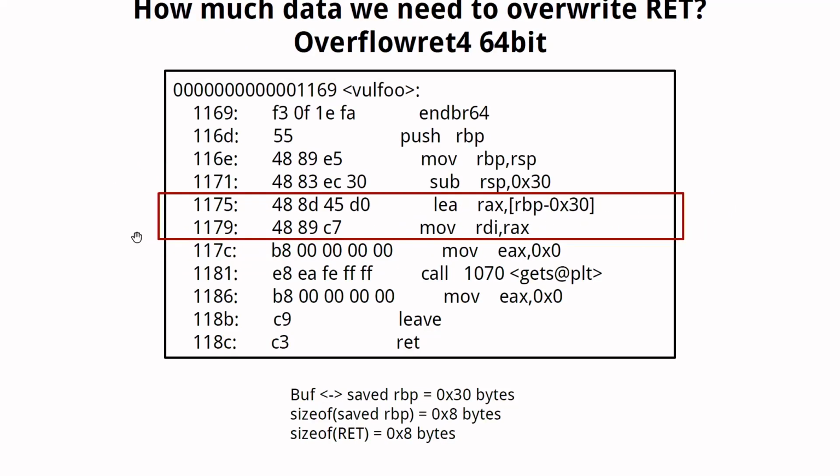If we disassemble that, we will find out that the buffer is at RBP minus 30 in hex. So the compiler also gave us 48 bytes of buffer there. However, the saved RBP itself will be 8 bytes instead of 4 bytes.